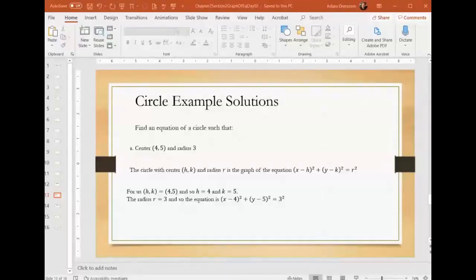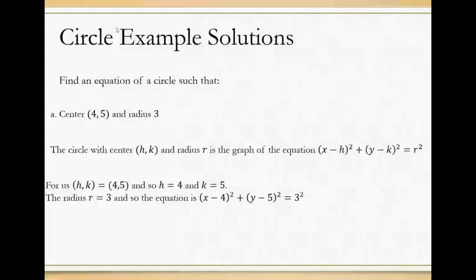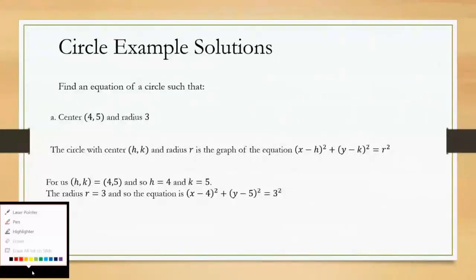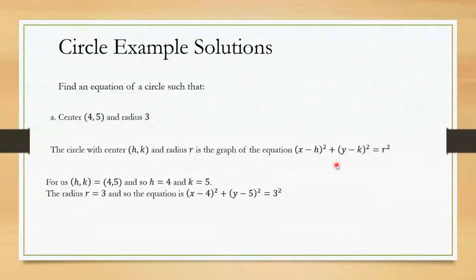But hopefully from here, you can get the idea at least that if you know the center and you know the radius, essentially you're just going to plug them into here. That's really all you have to do, right?